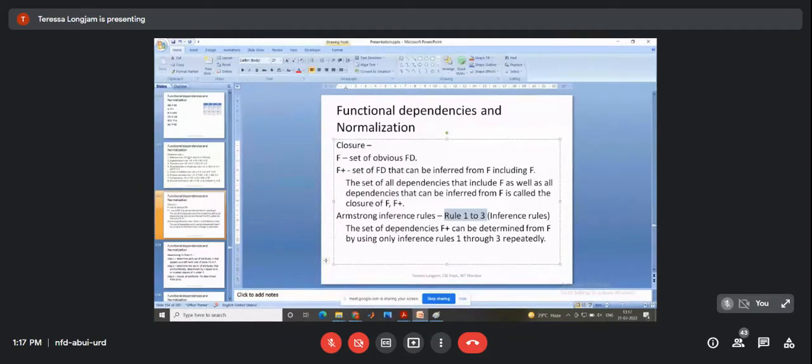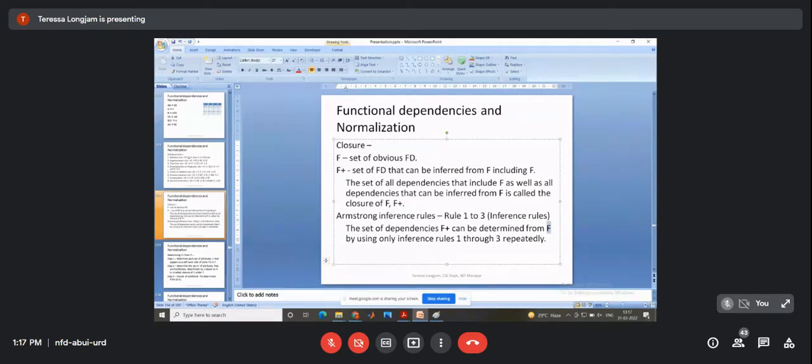So by using only the Armstrong inference rules, that is rules 1 to 3, we can infer all the possible functional dependencies of F, and that will be the closure. The set of dependencies F plus can be determined from F by using only inference rules 1 through 3 repeatedly.